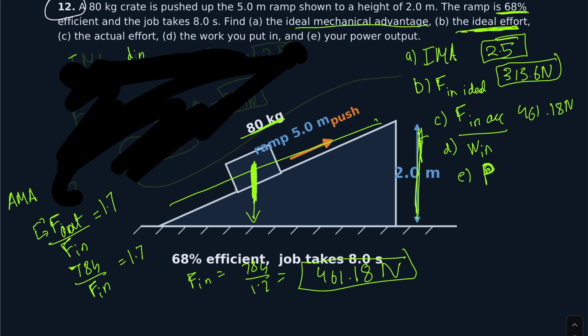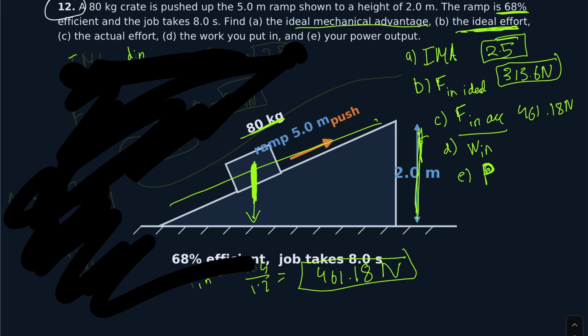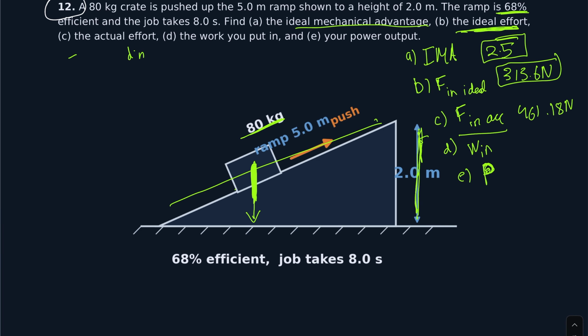Now let me erase this so I have more space here. And then what's going to happen? If we need the work we put in, right? Work in is force in times distance in. Our force in actual, which is what we need, is 461.18 newtons times our distance in, which is 5 meters, right? We're pushing it 5 meters.